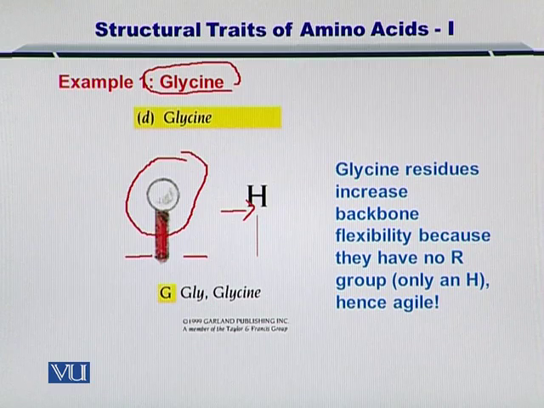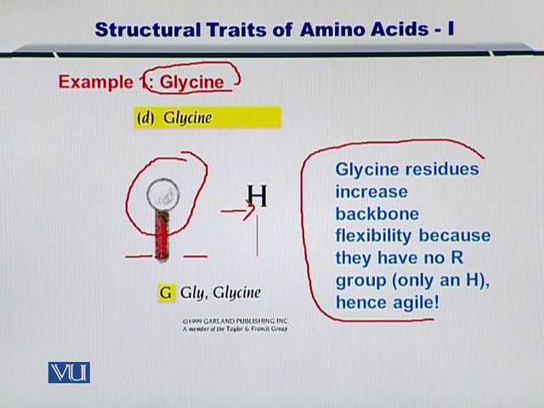Its agility helps the polymer chain to be flexible. So if you have a lot of glycines in the polymer chain, then the protein will be flexible. This is a very important property because all proteins are folded, so they have to be flexible, and glycine helps you achieve that.